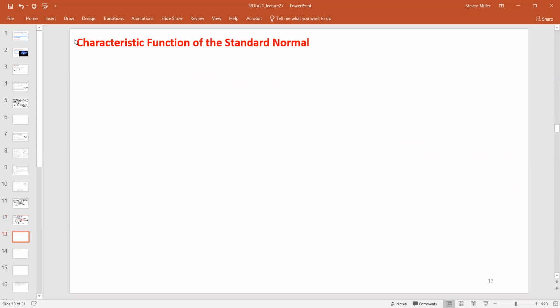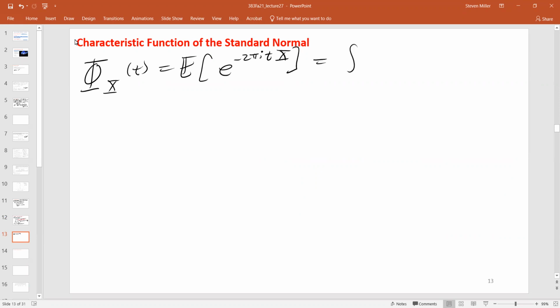Okay, so the characteristic function of the standard normal. We're going to define the characteristic function of a random variable x at t to be the expected value of e to the negative 2 pi i tx, which is the integral from minus infinity to infinity of e to the negative 2 pi i tx f of x dx.